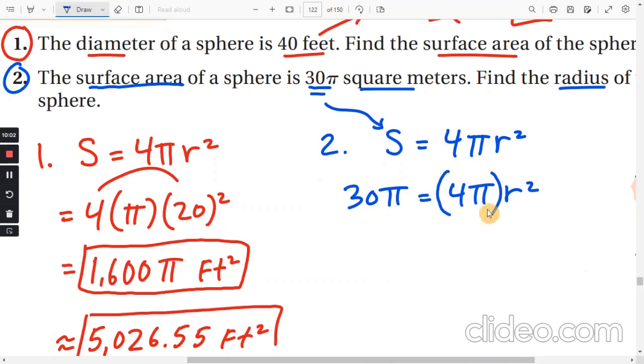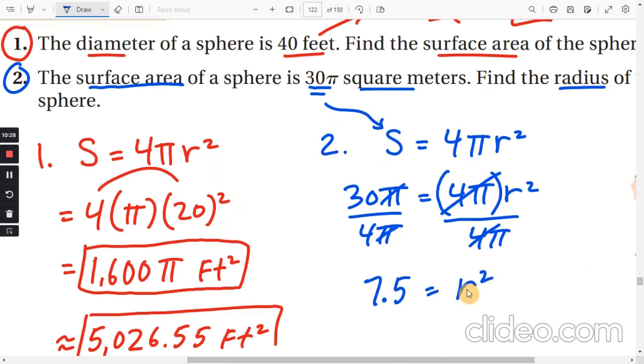So the opposite of times 4 pi is divided by 4 pi. You want to do that to both sides. On the right, 4 pi over 4 pi cancels. On the left, pi over pi cancels. And this is going to be 15 over 2, which is just 7.5. And that equals r squared.